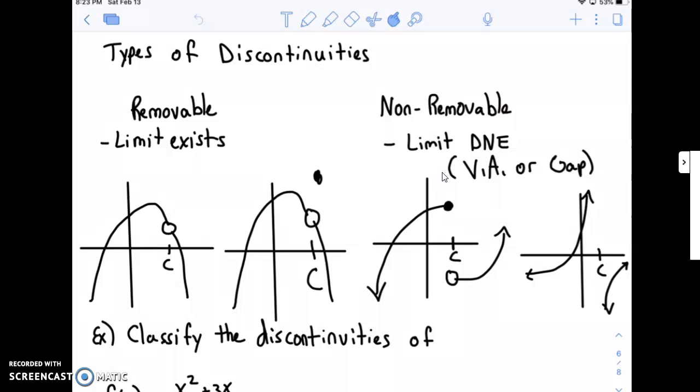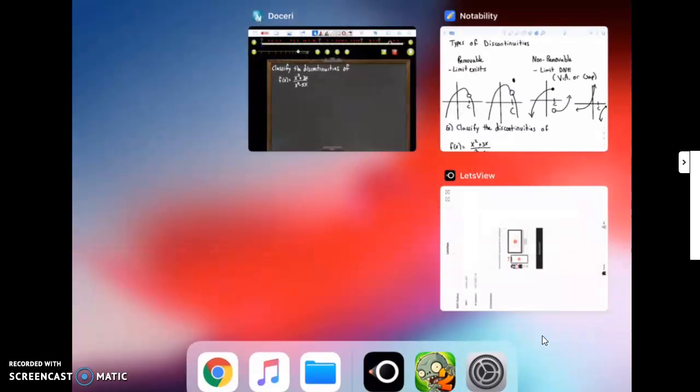So if we don't have a limit, either because of a piecewise function switching, or because of a vertical asymptote, then that's called non-removable. And so we want to look at just one example here of checking to see what kind of discontinuities a particular function has.